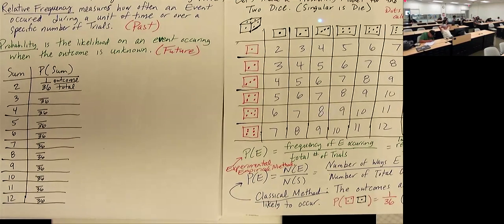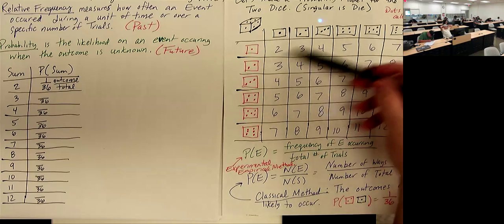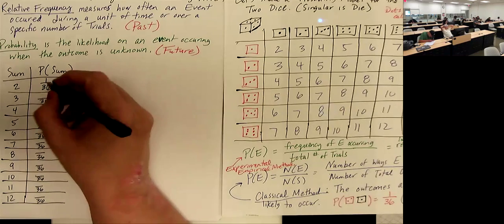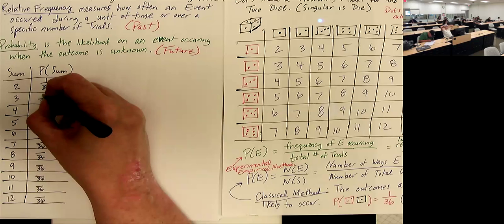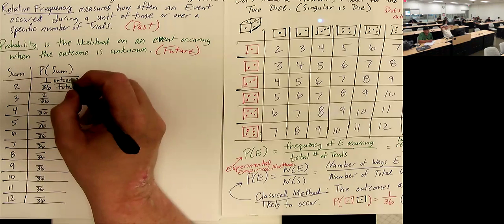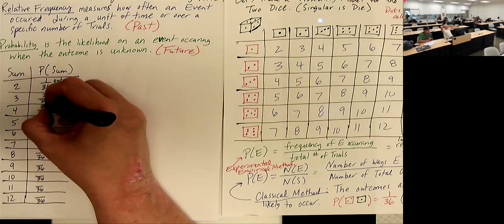How many ways can I get a 3? Two, right? You'll notice the sums occur along a diagonal. So you go along a diagonal, that diagonal all has the same values. So there's 2 ways to get a 3. If we look at the 4, there's 3 ways to get a 4.